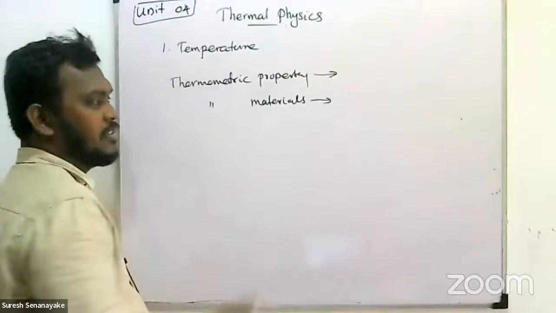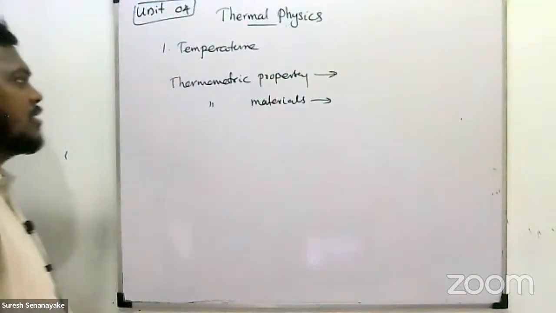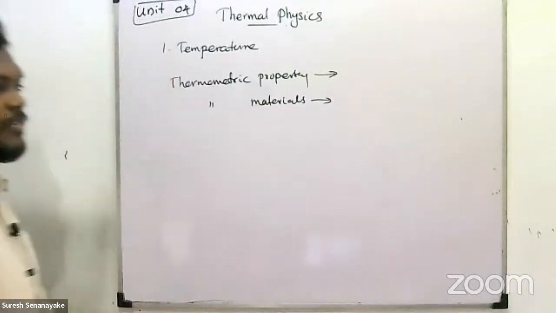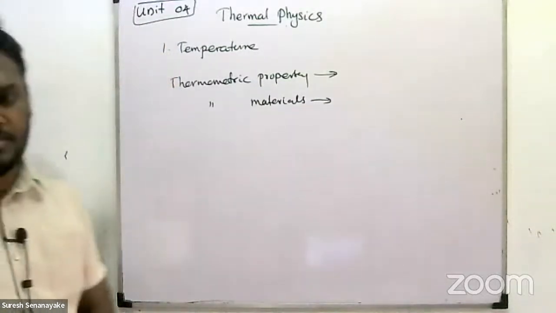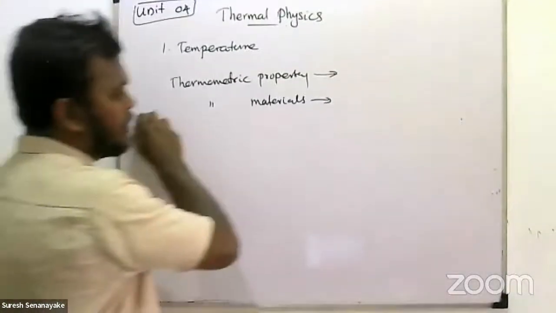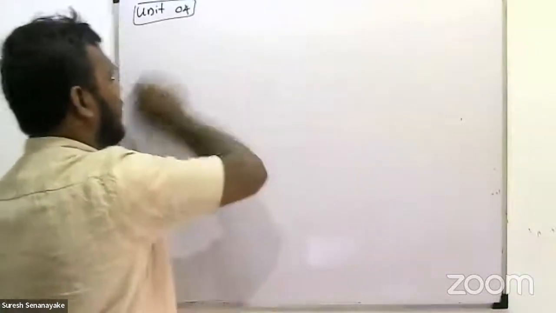Based on these thermometric properties and materials, there are several types of thermometers. A thermometer is a device used to measure temperature.